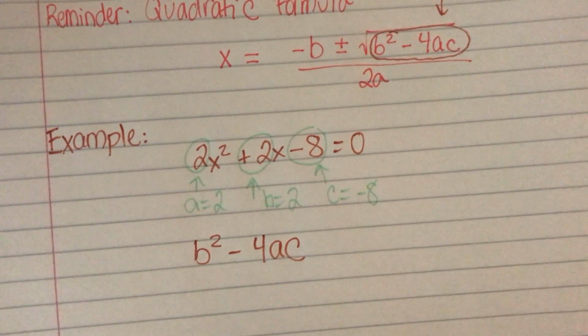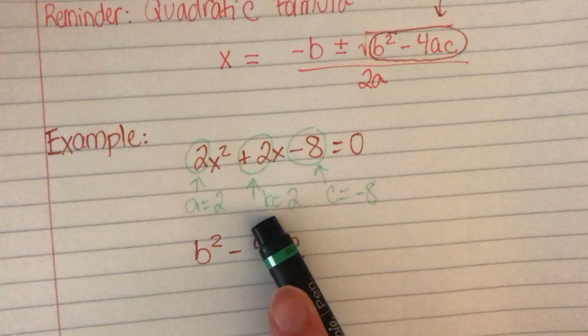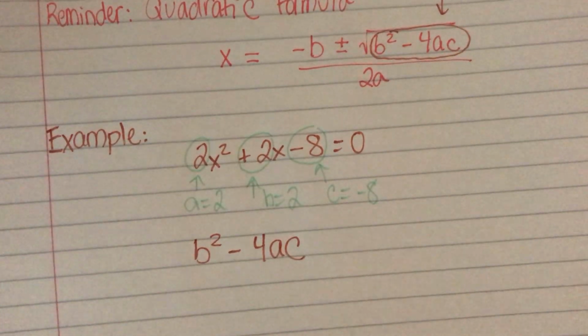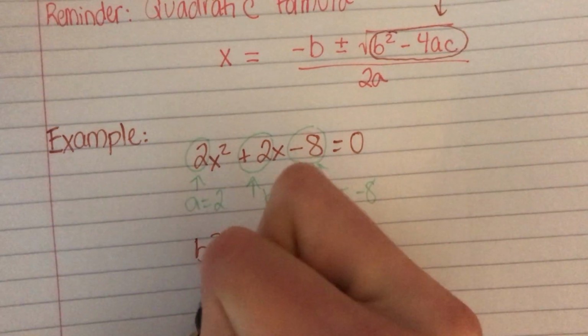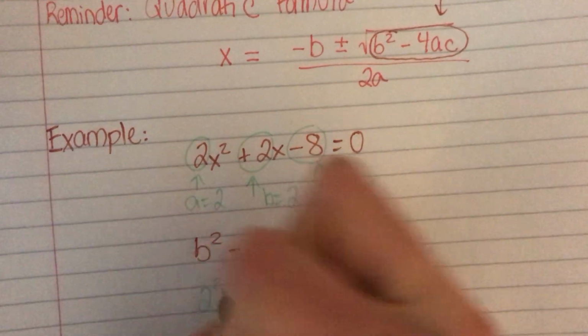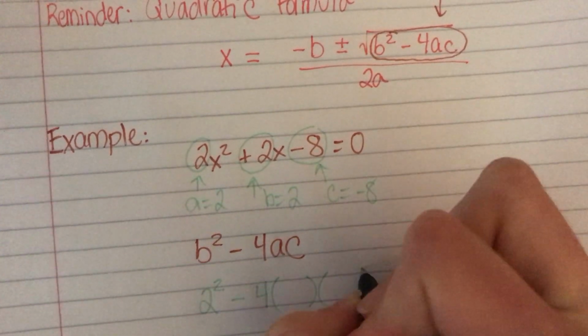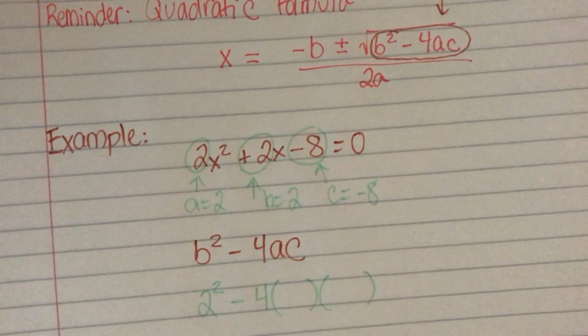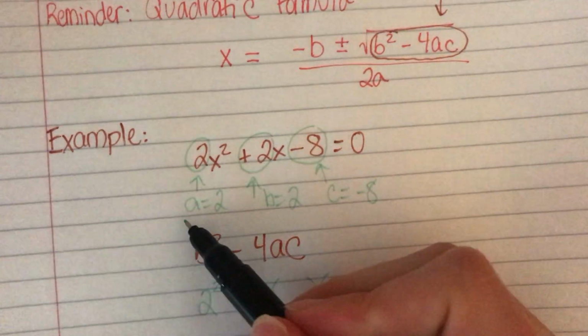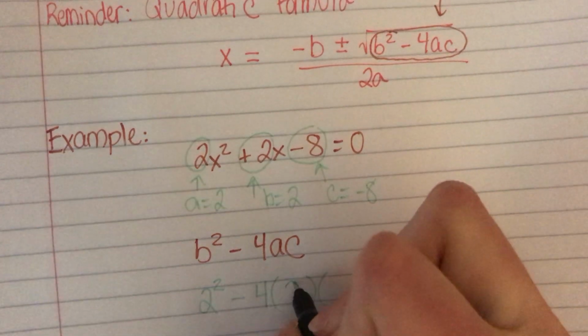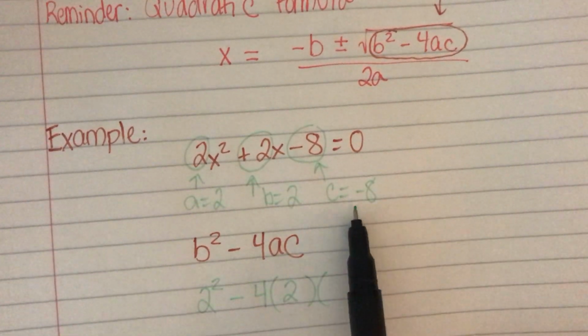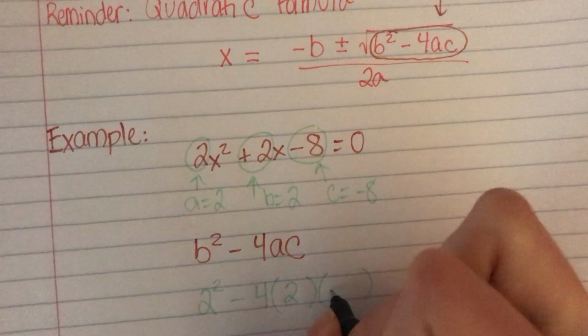If we look at what the value of b is, we said that b is equal to 2, so we'll put a 2 right here where the b is. So that'll be 2 squared minus 4. Now we need to put in our a and c. We said that a is equal to 2, so I'll put that there. And we said that c was going to be negative 8.